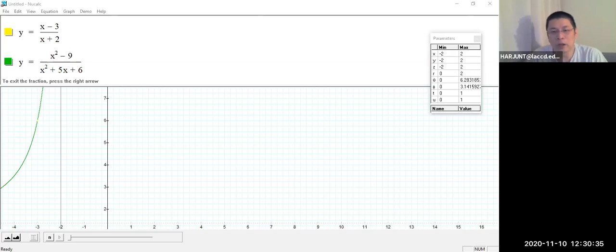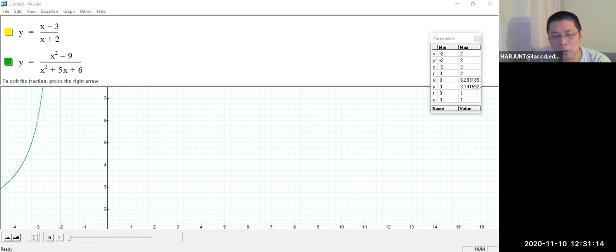Okay, in fact, we can find the coordinate of the hole. You see -3 is not in the domain of the original function, but it is in the domain of the simplified function, right? So if you want to find where the hole is, what you can do is plug that -3 into the simplified version. So -3 minus 3 over -3 plus 2, that's -6 over -1, that's 6.